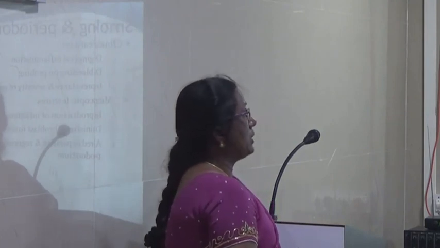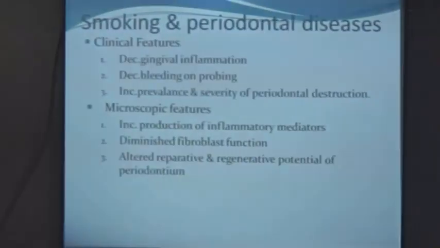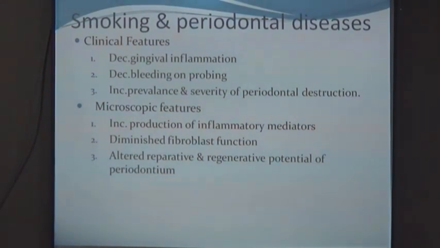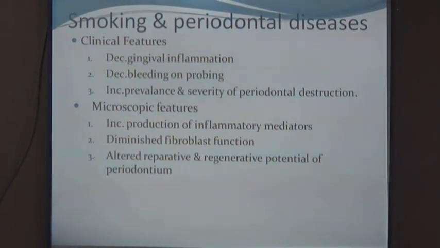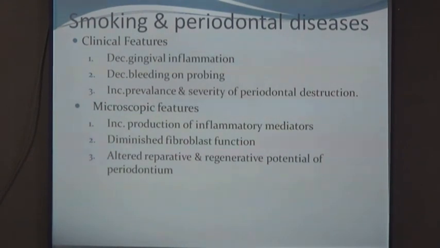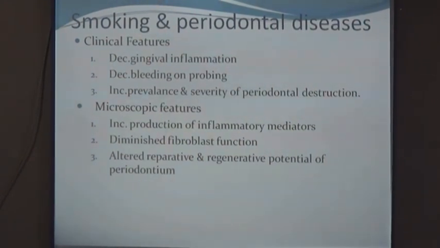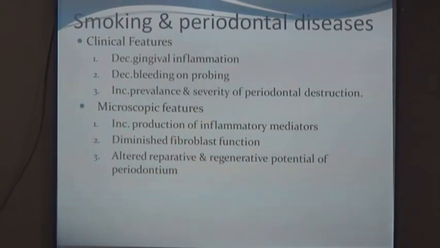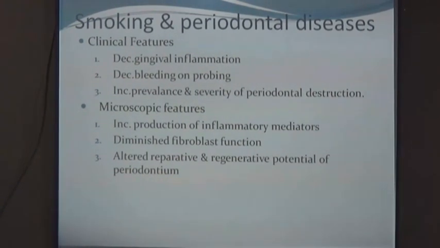Smoking and periodontal disease. Clinical features: there will be decreased gingival inflammation, decreased bleeding on probing, increased prevalence and severity of periodontal destruction. Microscopic structure: increased production of inflammatory mediators, diminished fibroblastic function, altered reparative and regenerative potential of periodontium. Please try to understand, in smoking there is altered reparative and regenerative potential of the periodontium.